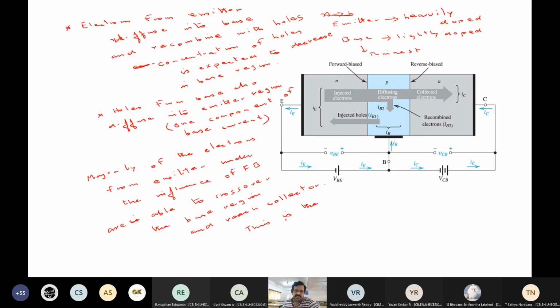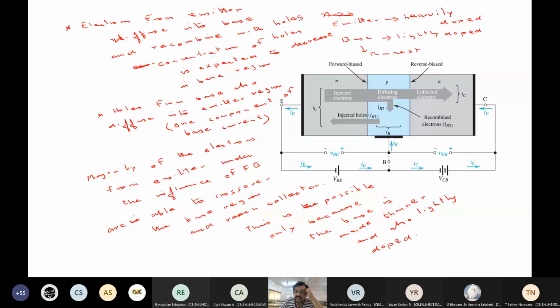This is possible only because the base is made thinner and also lightly doped, so recombination is not dominant.